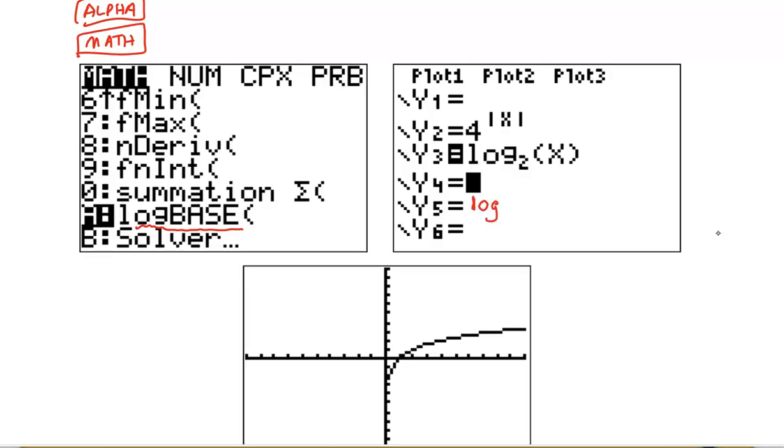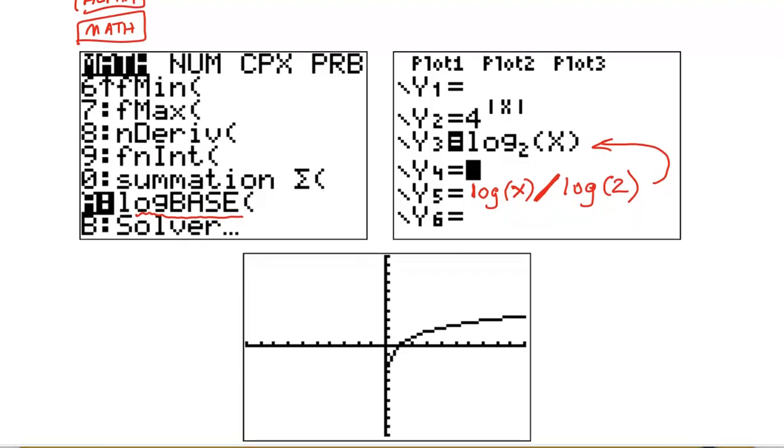We'll talk more about that here in a minute. Just do log of x, and then divide that by log of 2. And that will do the same thing. That would be the same as log base 2 of x. And we're going to talk about why later in the lesson.